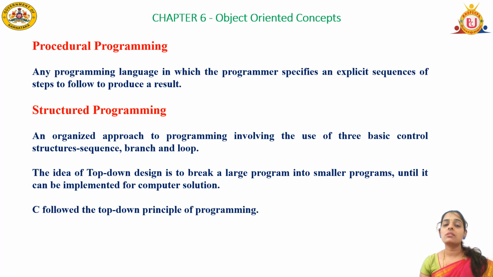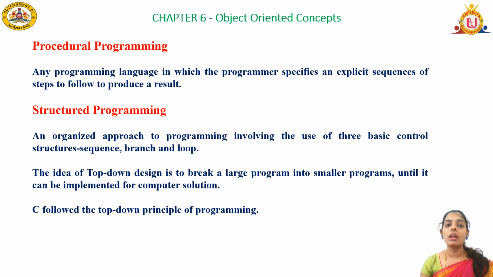Next one is structured programming. As the word suggests, it can be defined as a programming approach in which the program is made as a single structure. It means that the code will execute the instructions one after the other.